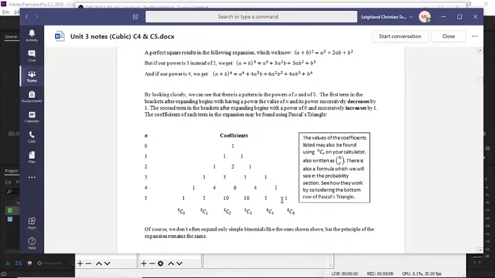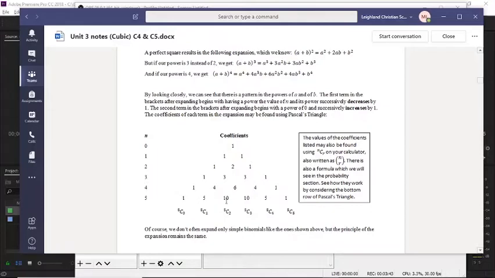Looking at it vertically, each number is found by adding together the two above it. So this 2 is 1 plus 1. This is 1 plus 2 to give 3, 2 plus 1 to give 3. In this row we've got 1 plus 3 to give 4, 3 plus 3 to give 6, 3 plus 1 to give 4.